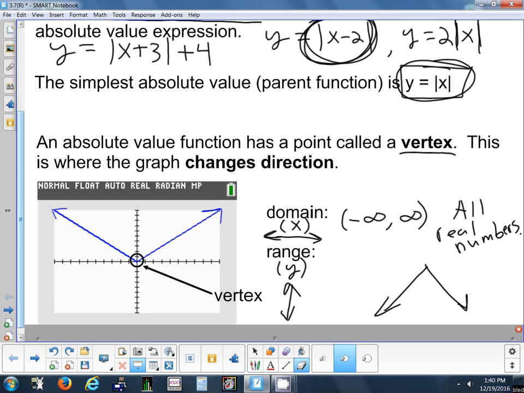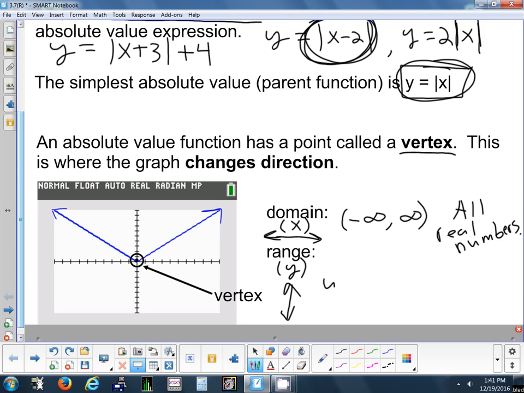So this one, did we say up forever or down forever? Up forever. So if it doesn't go down forever, there must be a value that's the lowest. What's the lowest value that this function hits? 0. Yeah, it hits 0 right there. So we could say the range is all numbers that go from 0 to infinity. There's a couple ways we can write it.